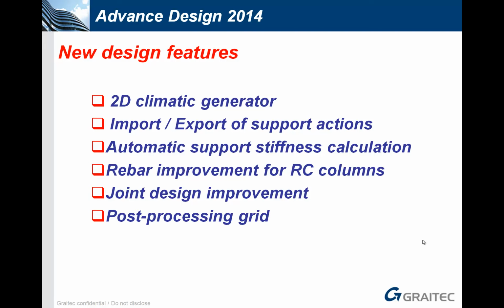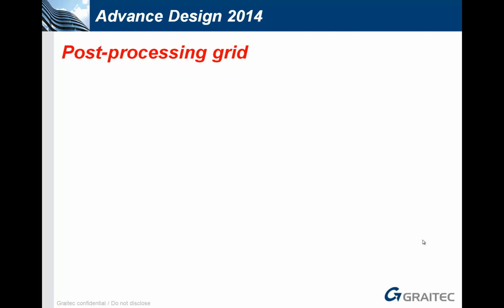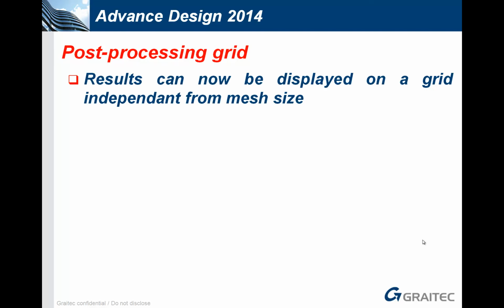And then we have the post-processing grid. We implemented a post-processing grid so that results can now be displayed on a grid which is completely independent from mesh size. See, previously you would usually ask for a very small mesh size for accurate results, but the problem is when displaying results you would get plenty of values.